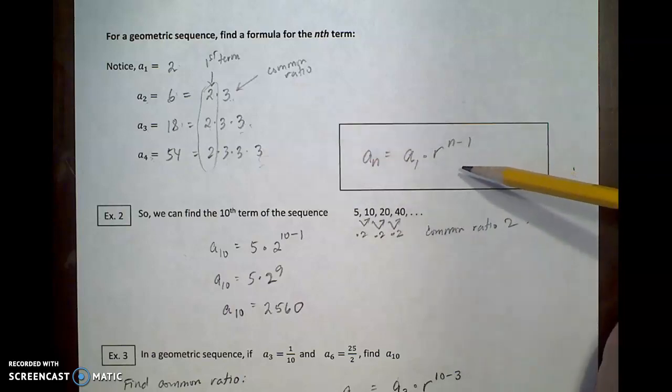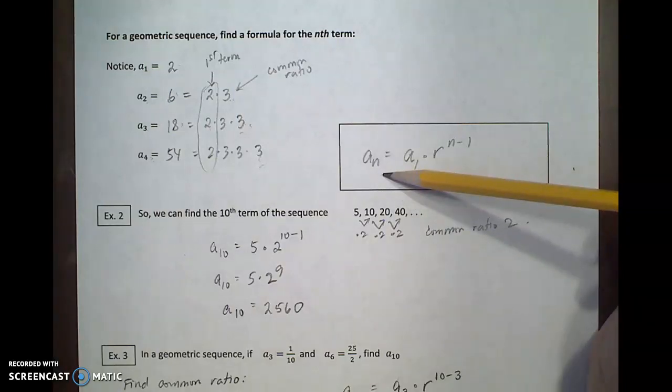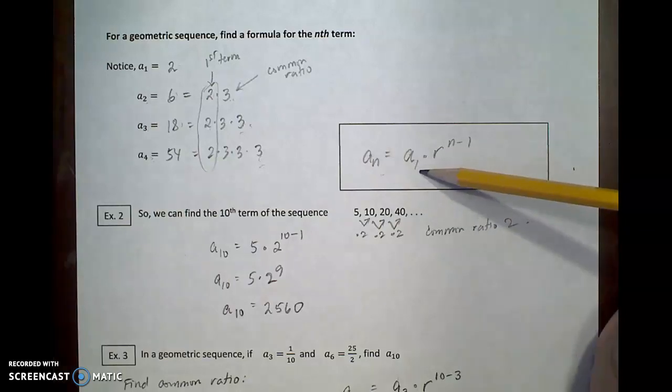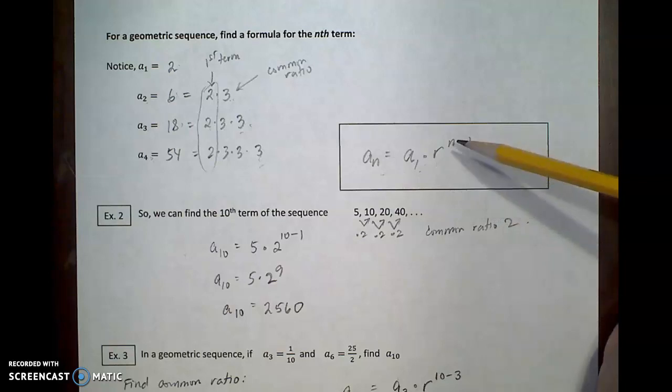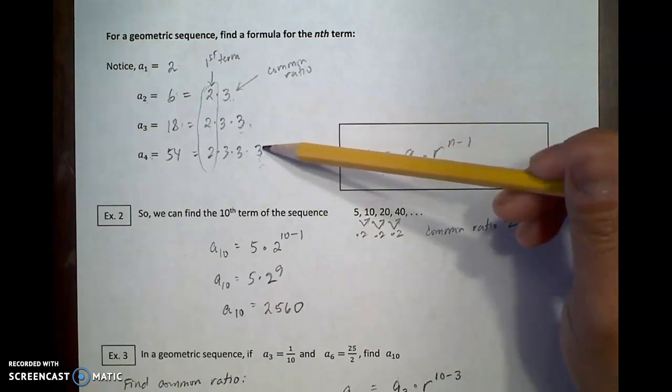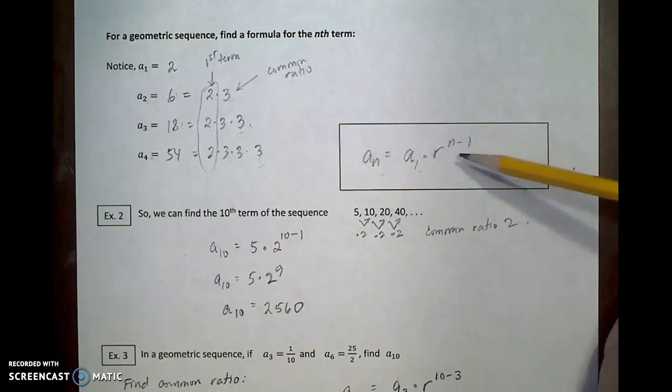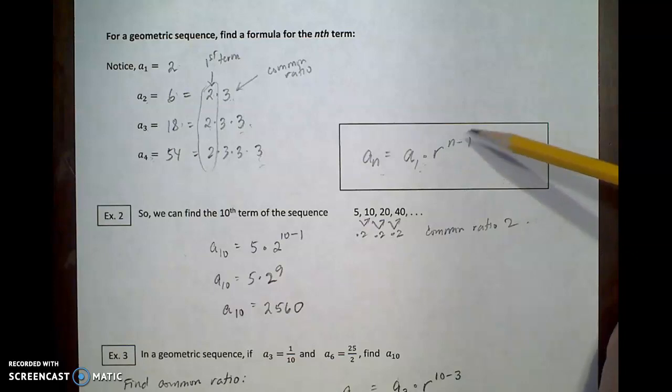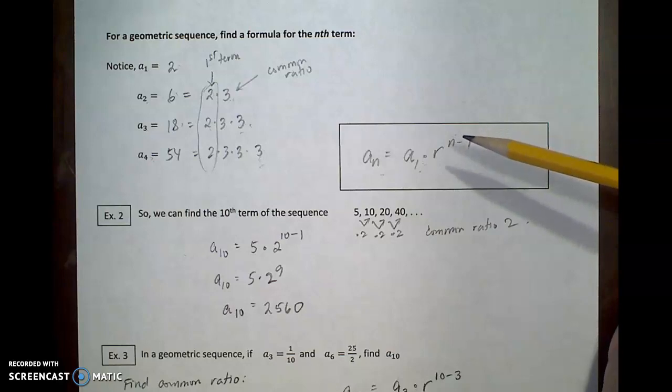So that would explain why in our generic setup for the explicit for the geometric, to find any term in the geometric, you're going to take, in this case, the first term, and you're going to multiply it by the common ratio put to an exponent, again, because it is repetitive multiplication, we use exponents, times the common ratio put to the n minus 1 exponent. 1 less than what the term is.